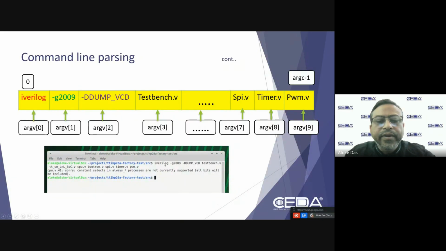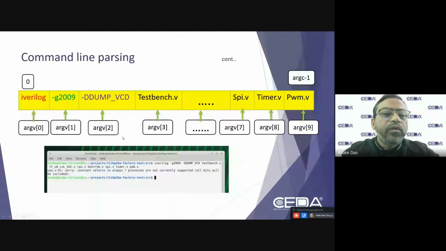See, I Verilog. So the zeroth element, meaning the first element, will contain the name of the executable, and elements from 1 to argc minus 1 will contain the other values, other letters, characters, or whatever, including minus signs.